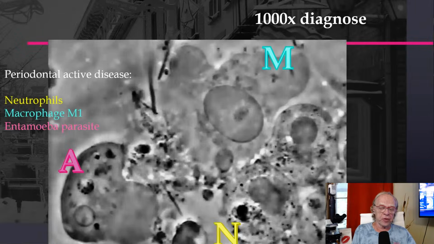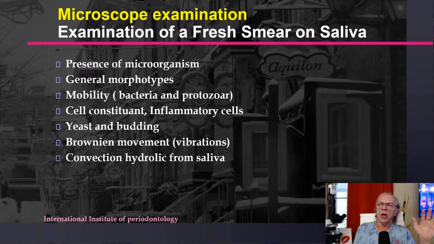You want to remove neutrophil, you want to remove macrophage, M1. Sometime after a couple of months, you have M2, you're having more bone construction, but start removing neutrophil, macrophage, M1, and amoeba parasite. So what we do with this microscope, we call it fresh smear examination of fresh smear saliva.